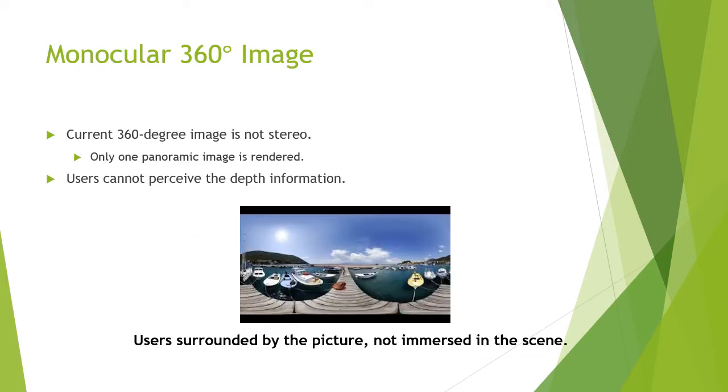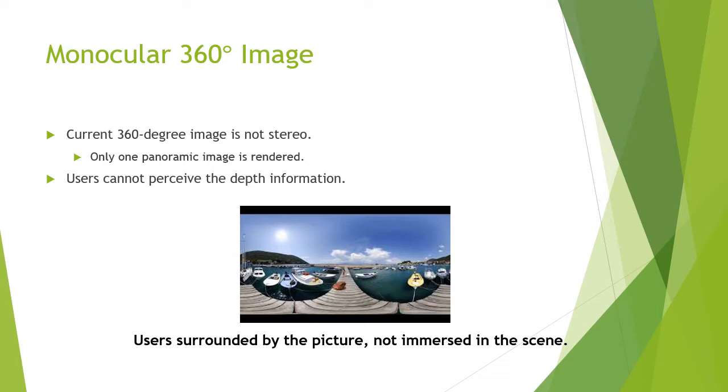And here is the situation of the current 360-degree images. Currently 360-degree images are recorded by only one camera. Therefore, it contains only one panoramic image, and this same image is rendered to both eyes of the users.